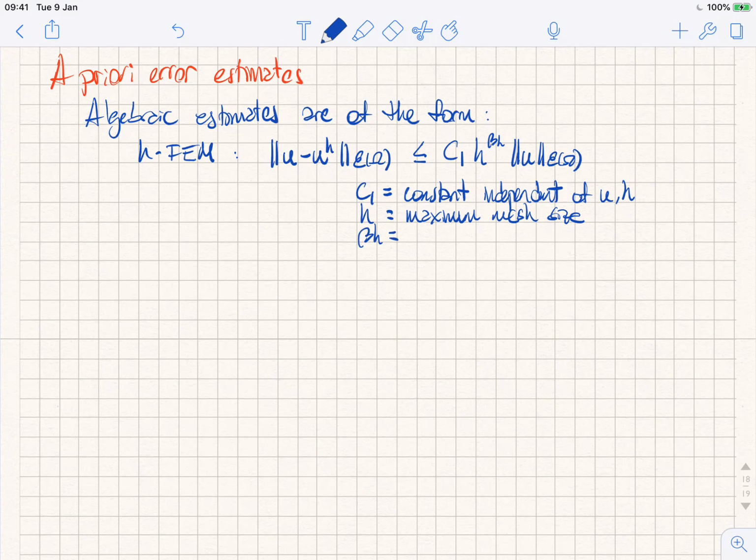And beta h here is our rate of convergence, and it's dependent on p and u. So that is the estimate for h-FEM, and this is actually quite sharp. We're going to look at that. For very small mesh size, you can really expect that it is a very, very accurate estimate.